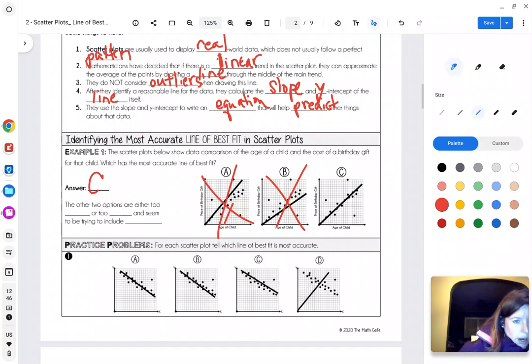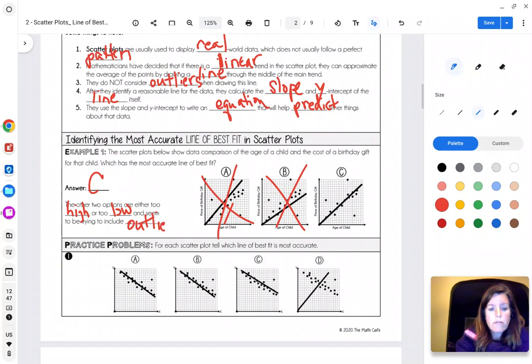The other two options are either too high or too low. So that first line is too high for all that data, and the second one is definitely too low for the data, and seems to be trying to include outliers. So it looks like they're trying to get towards that outlier, and an outlier is an outlier for a reason.